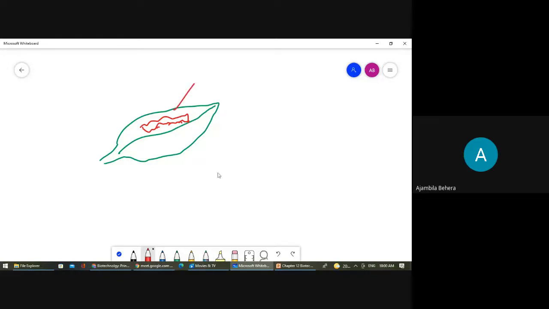So this plant is your BT plant, let it be BT cotton. When this plant is eaten by the caterpillar of the particular insect, what happens here? In this leaf you can find that toxin.